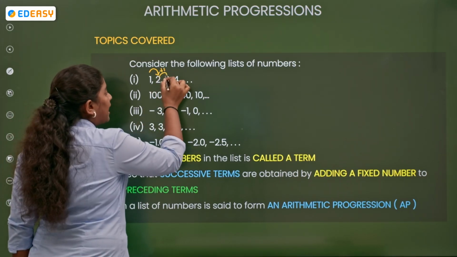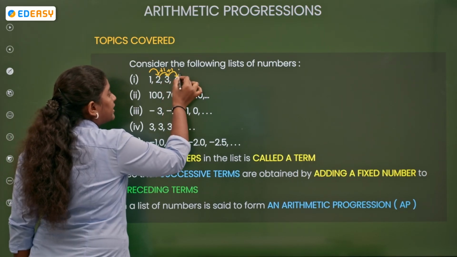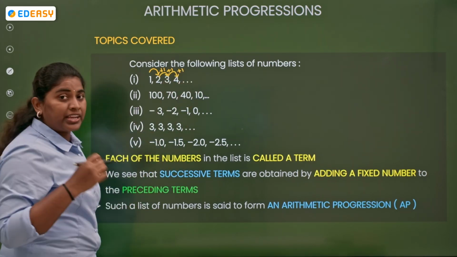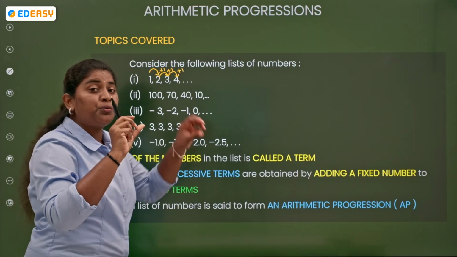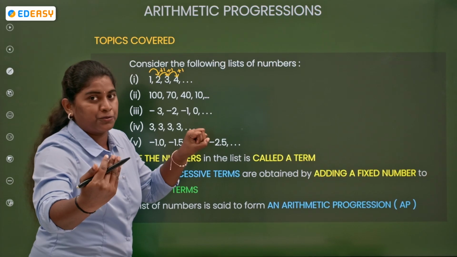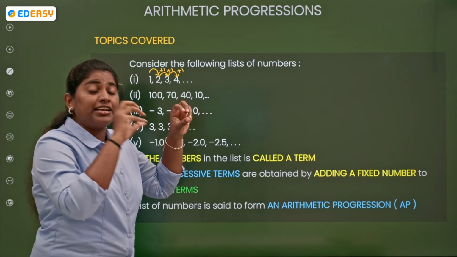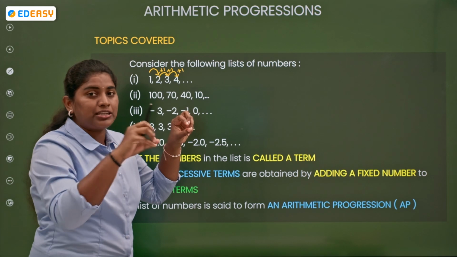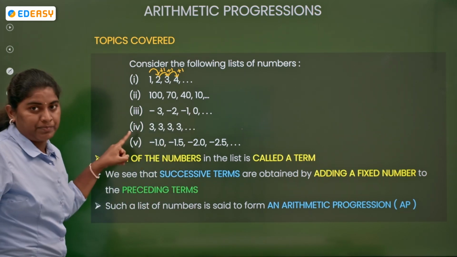For 2, if I add another 1, I get 3. For 3, if I add another 1, I get 4. It means I am adding some value to my previous number so that I get the next value, and this value we are adding is the same for all the numbers. So now these will form an AP.